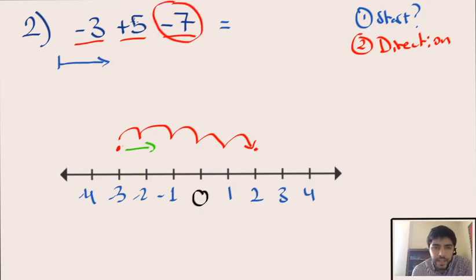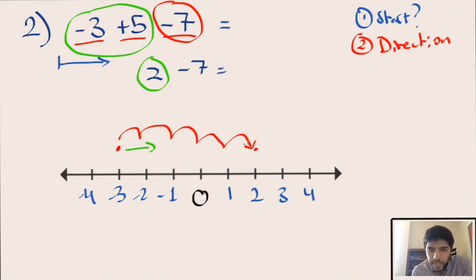So instead of negative 3 plus 5 minus 7, we can simplify this expression to look like this. It's going to be 2 minus 7. Why? Because this negative 3 plus 5 simplified to just 2. So in this case, we're just asking what is 2 minus 7?